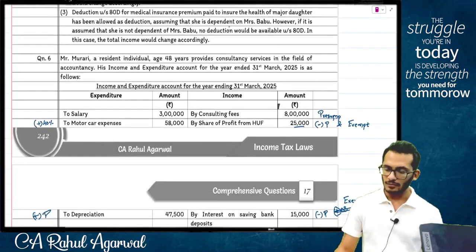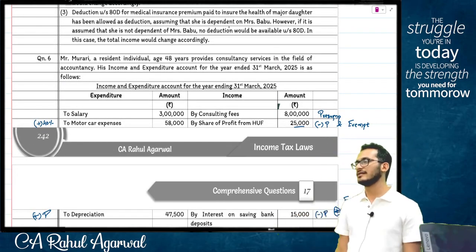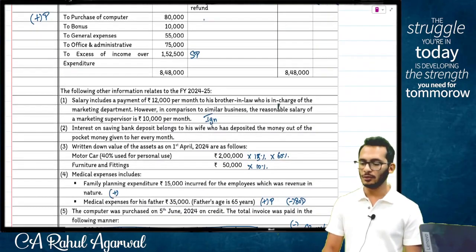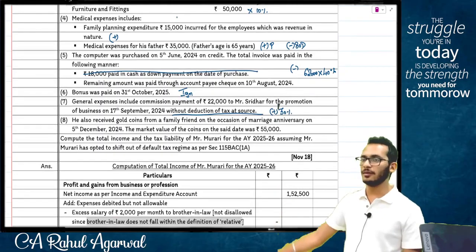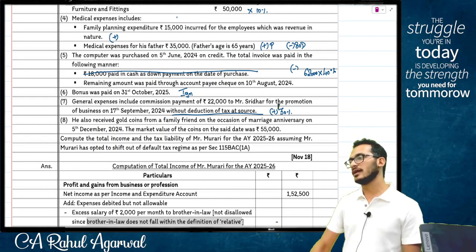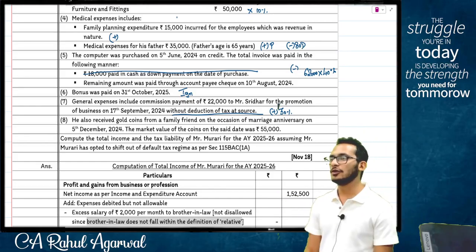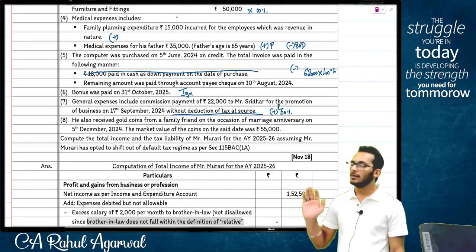Less than 50 lakhs. When last year also his turnover is less than 50 lakhs, technically no TDS was applicable, which means you can make 2 assumptions here. One, you can assume no TDS will apply, therefore ignore the information. Option number 2, you can say TDS will apply because the question says it should have applied, and therefore you can disallow 30%. No matter what you do, both are correct.